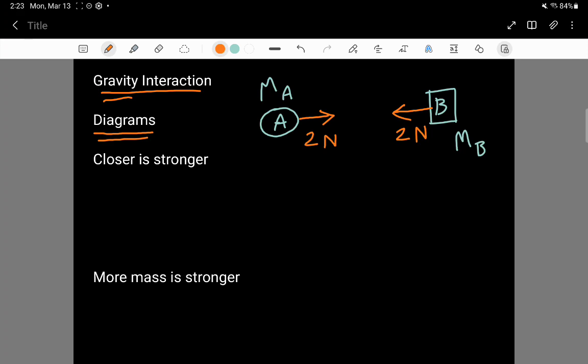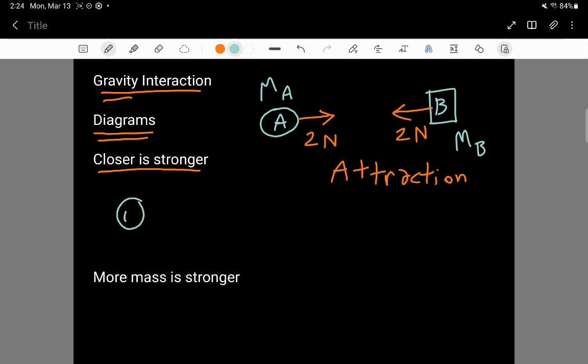And attraction is the fact that the forces on the two objects point at the other object, right? So the force on A points at B and the force on B points at A. Now let's diagram what happens when these two objects are closer to each other, so let's draw them slightly closer.